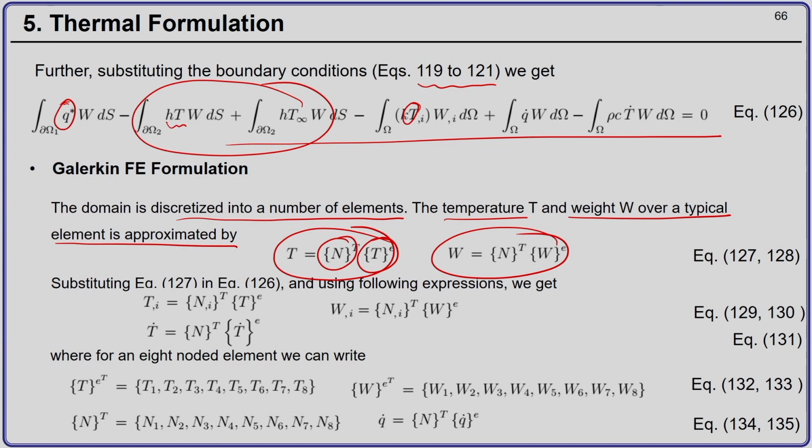Okay. Now, if we choose an 8 noded brick element, then you will have 8 temperatures at 8 nodes and you have 8 shape functions.